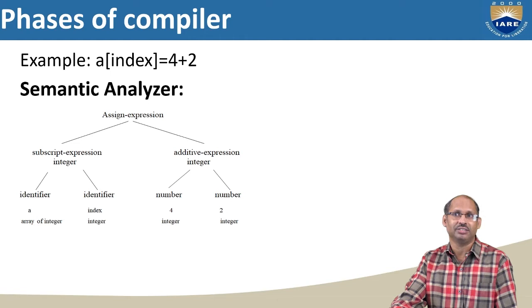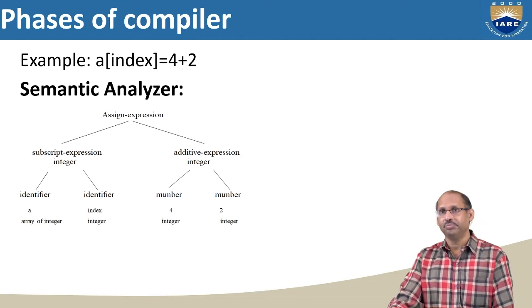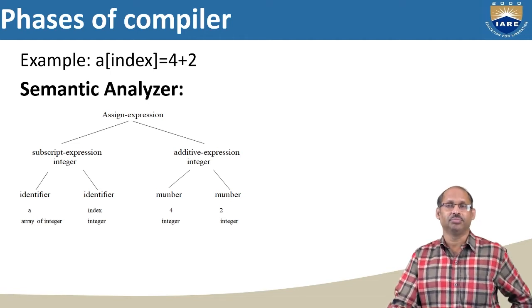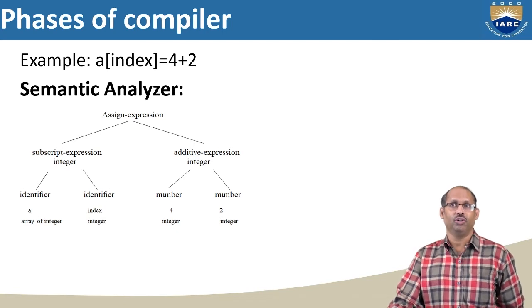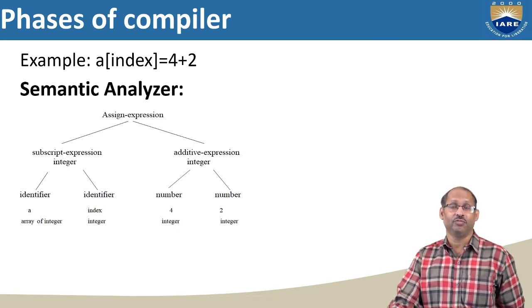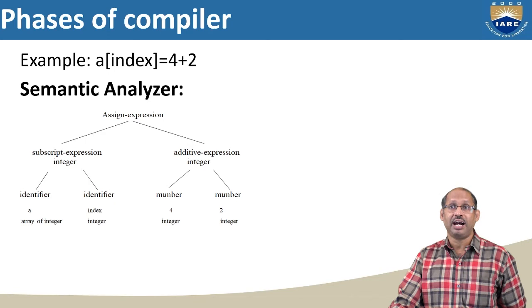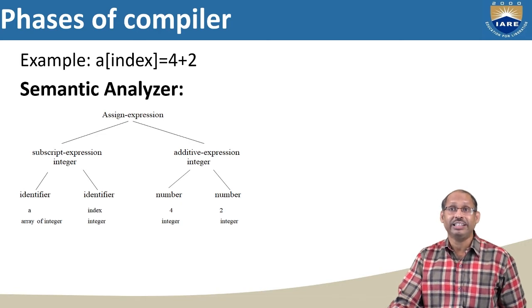Semantic analyzer. Right? Here it will check whether the types of all the operands for all the operators match or not. 2 is an integer, 4 is an integer, index also integer, identifier A is array of integer. So it is in a proper way. So it doesn't require any semantic conversions.